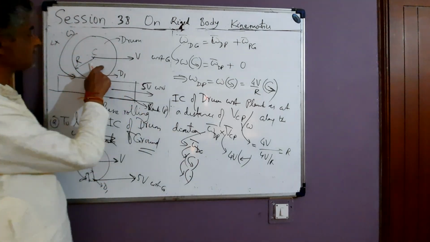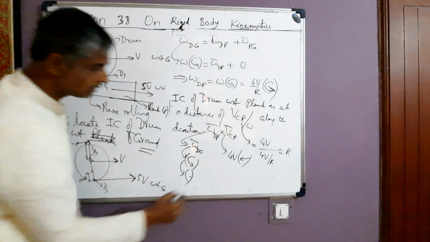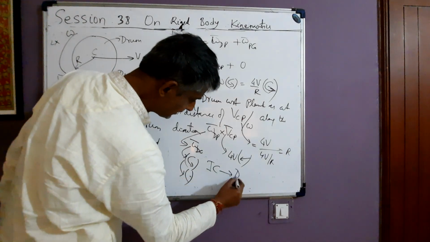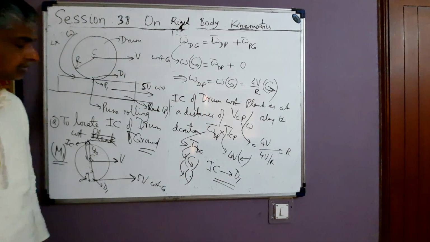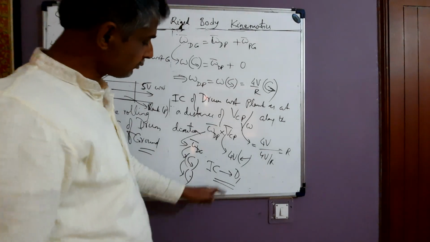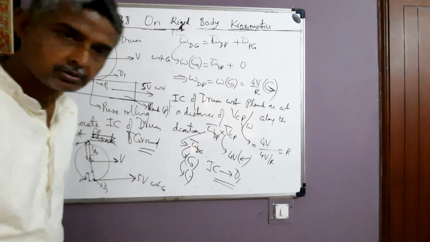So the IC of drum with respect to Planck is at a distance of R below center C. That is the point D1. So the IC of drum with respect to Planck is nothing but the point D1 itself. Alright, fine. This also I have fully explained.